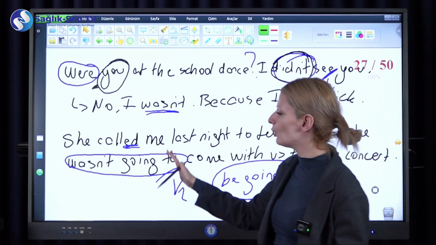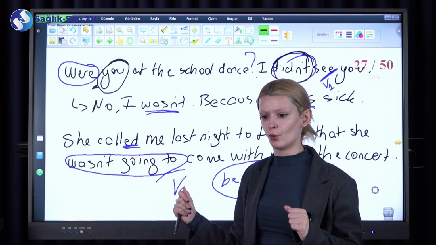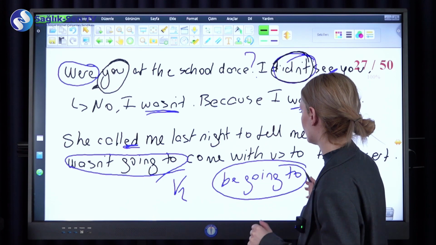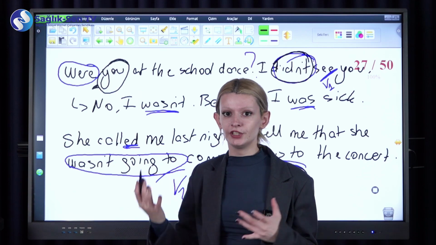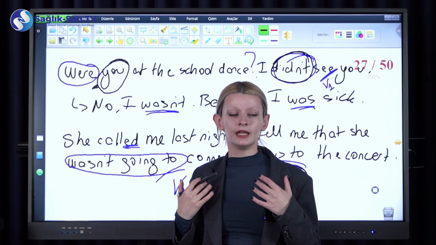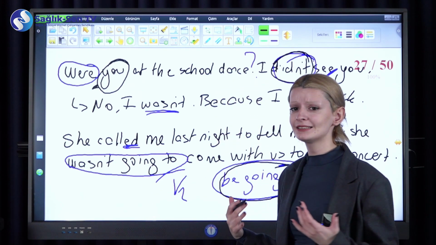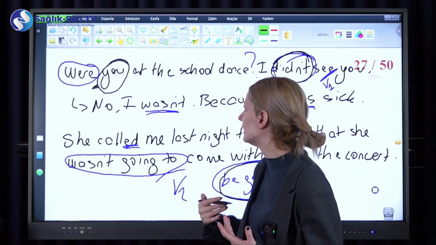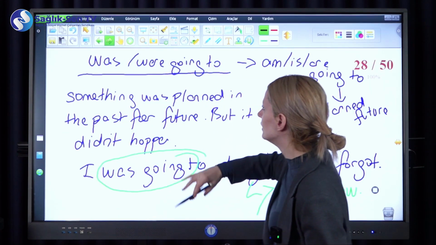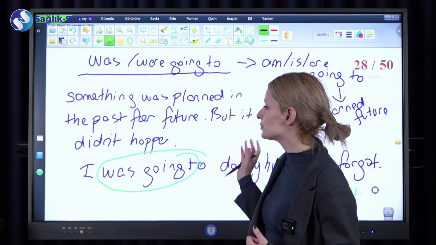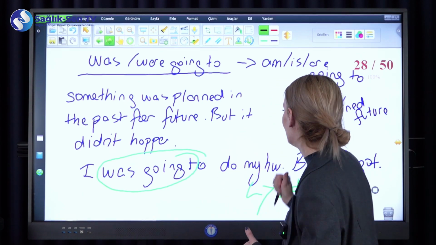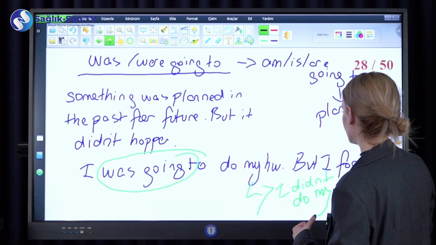Then we saw was or were going to, which is the past form of be going to, which we use in future to talk about exact or planned actions. Something was planned in the past for the future, but it didn't happen. I was going to do my homework, but I forgot.